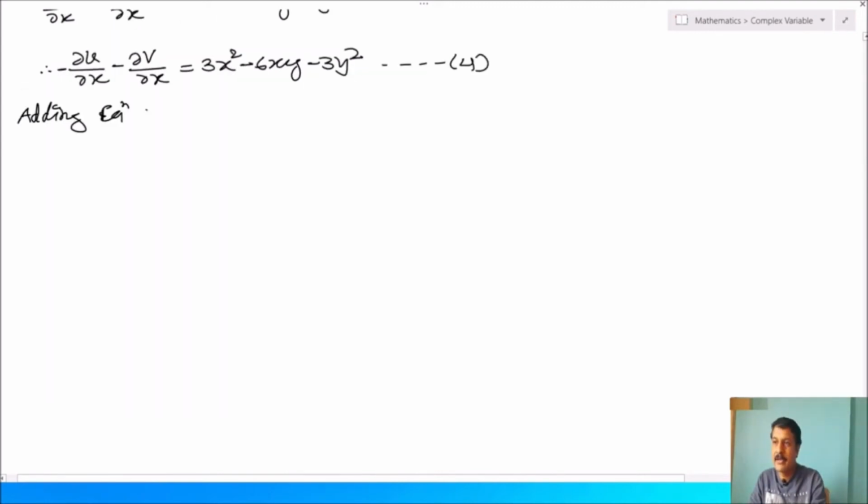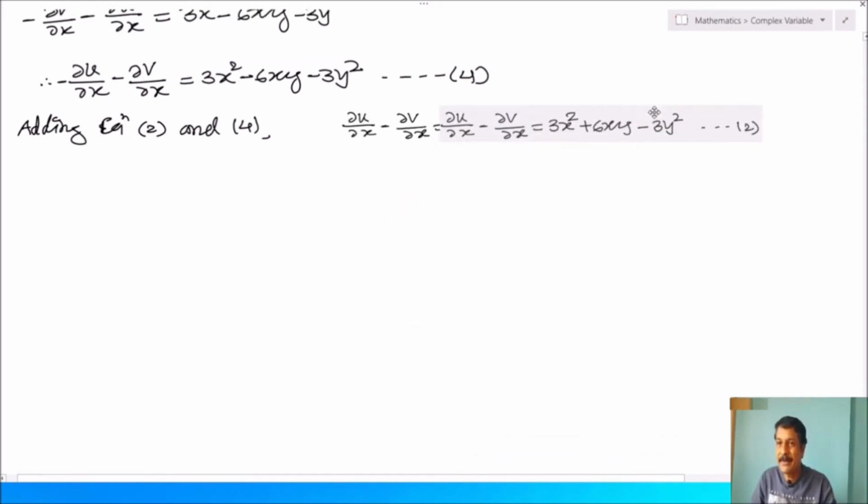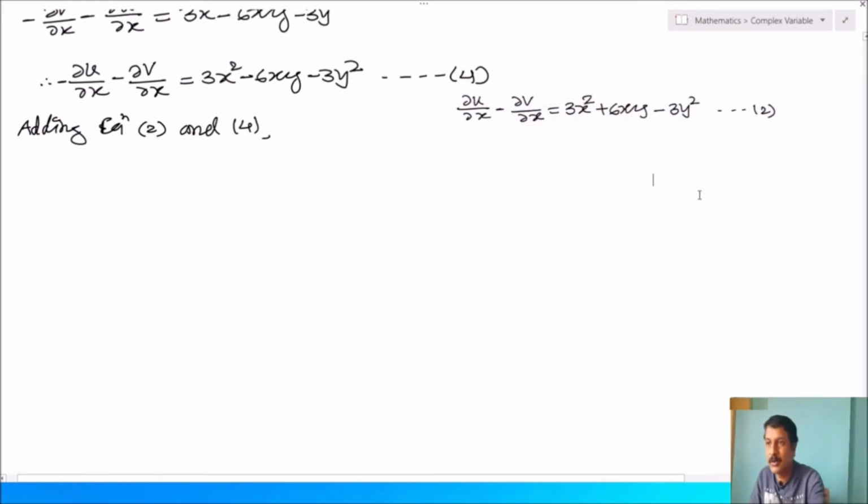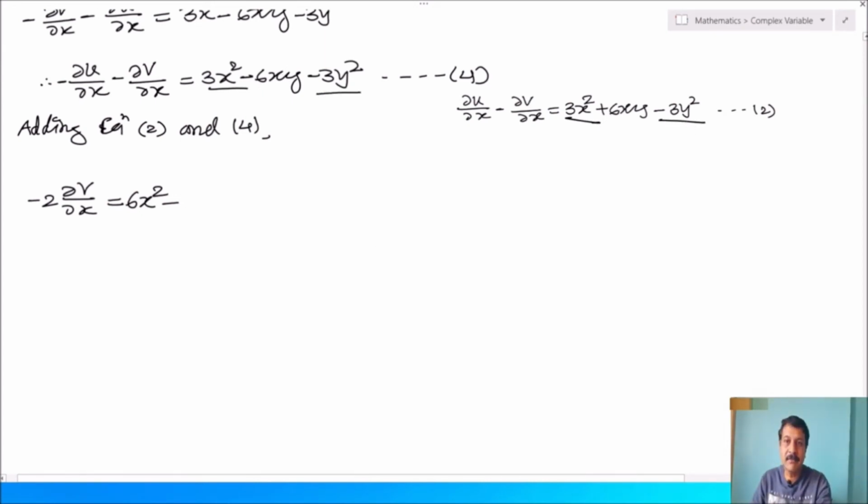So adding equation 2 and 4. Note that what is equation 2? So for reference I am taking this equation 2 here. If we add this and this, this gets cancelled, and this minus ∂v/∂x and this minus ∂v/∂x, it is minus 2 times ∂v/∂x, and that is equal to, so 3x², it is 6x², minus 6xy plus 6xy get cancelled, and minus 3y², it is minus 6y².